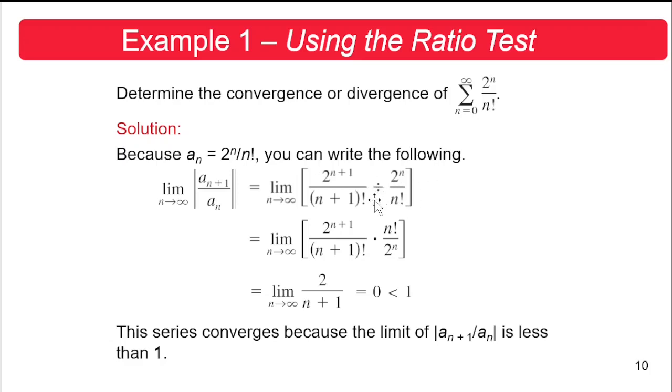Then we change the division to multiplication, but we have to get the reciprocal of 2 to the n over n factorial, which is n factorial over 2 to the n.